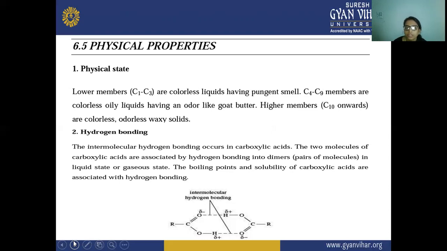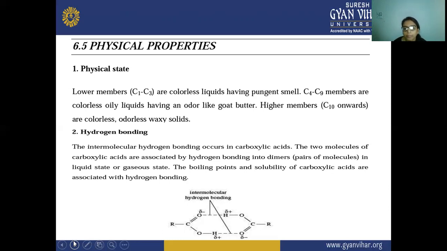So in the physical state, the lower members from C1 to C3 are colorless liquids with a pungent smell. The C4 to C9 members are colorless oily liquids with an odor like goat butter.